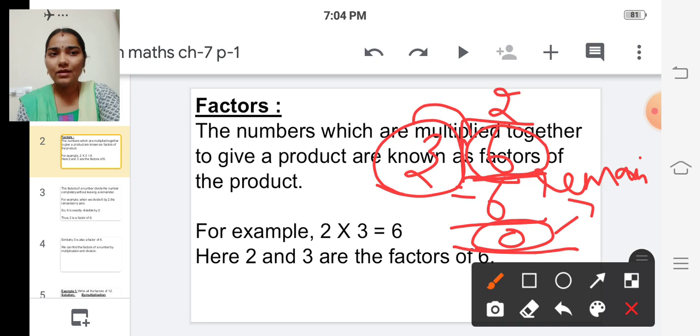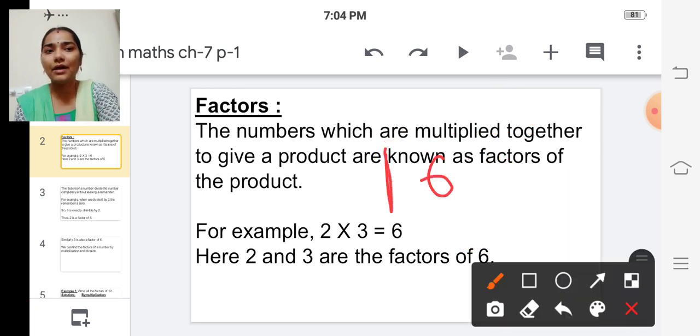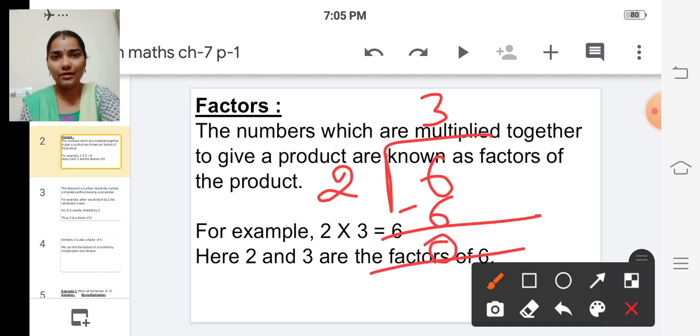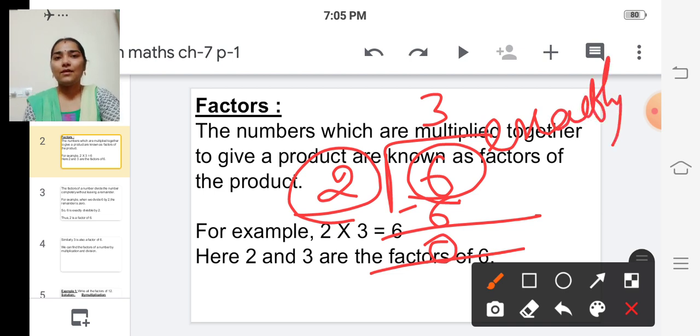Okay. So similarly, if we divide 6 by 2, then 3 2s are 6, isn't it? 3 2s are 6 again. So if we subtract, we get 0 as the remainder. So 2 divides the product 6 exactly. Okay.